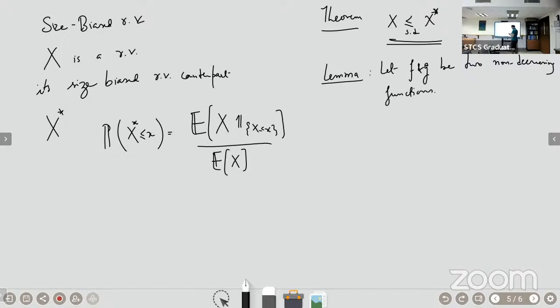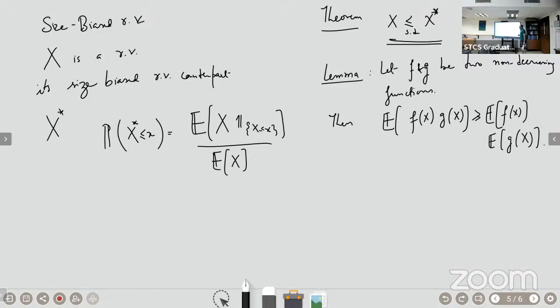Then the expected value of f times g is at least the product of expectations. Cauchy-Schwarz will put square roots there.